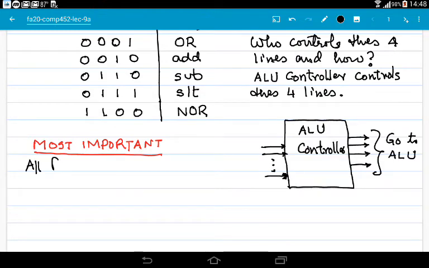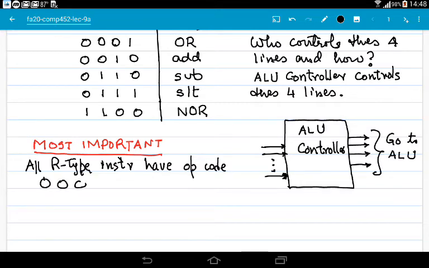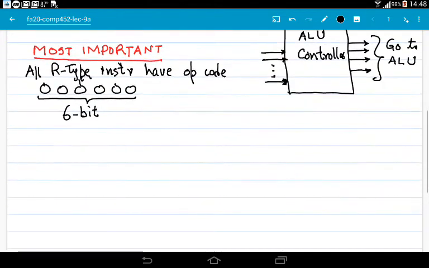All R type instructions have opcode 000000. The opcode is a 6-bit field in each and every MIPS instruction.